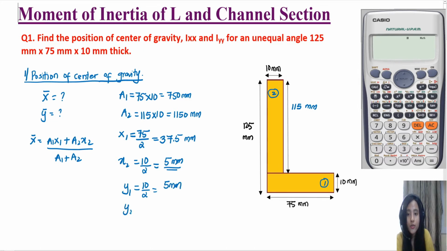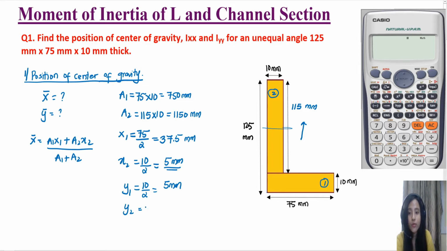And y2 will be, for section 2, dependent on y1. So when I go in this vertical direction, I have to add the vertical distance of the first section plus half the vertical distance of the second section. So half of this will be somewhere around here, right? From this point till this point will be my y2.